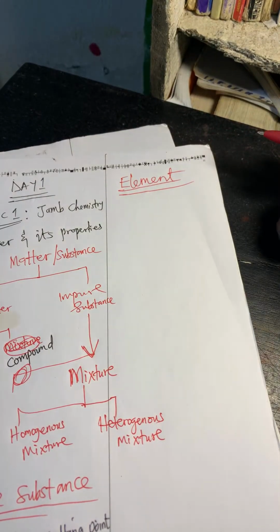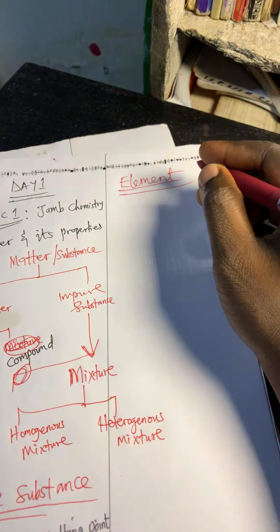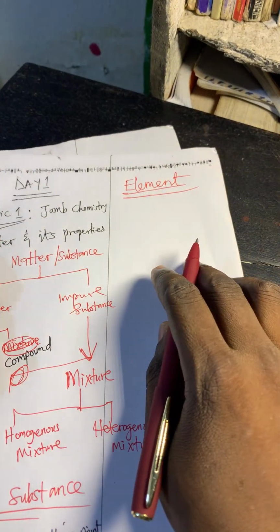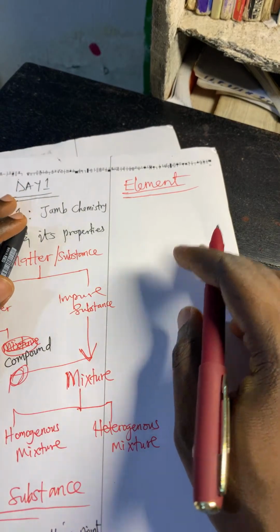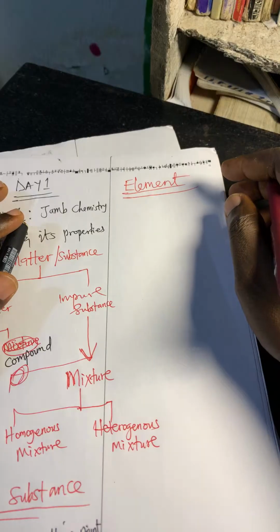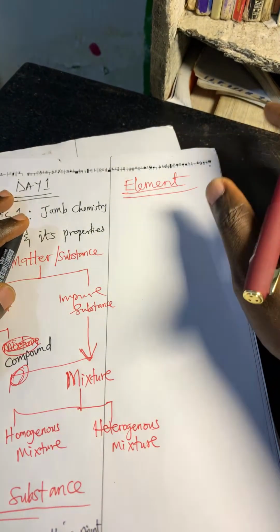You know this now. An element is a substance which cannot be broken into other simpler units by an ordinary chemical process. That is what an element is.